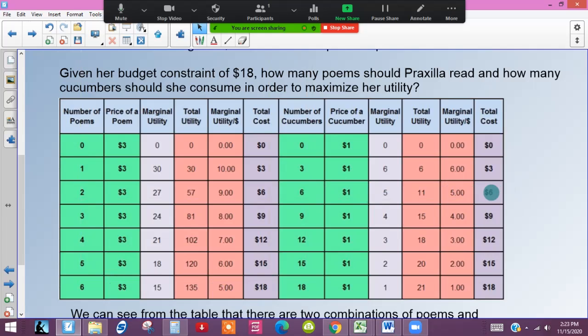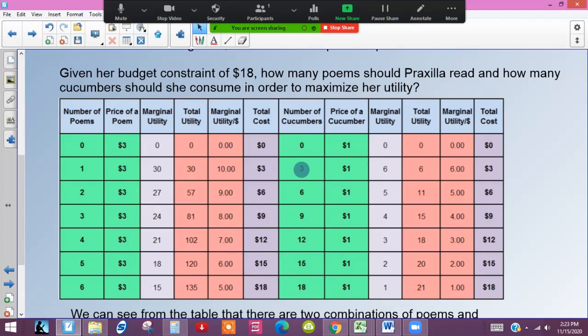So that's why we know that the answer is not 6 and 6, it has to be 5, right here, 5 poems, and 3 cucumbers. Okay, so you're looking at the table for two things: what level of consumption for both of the goods.